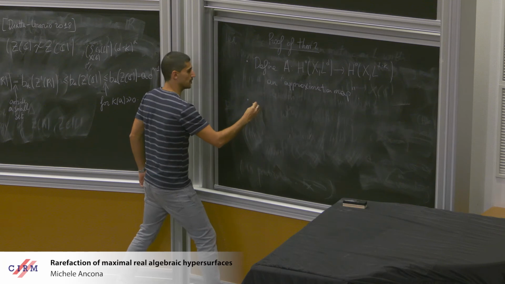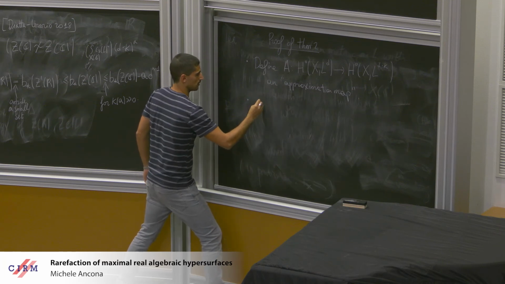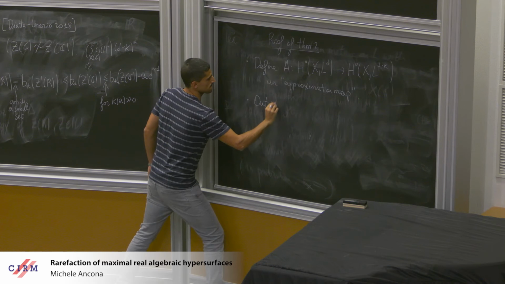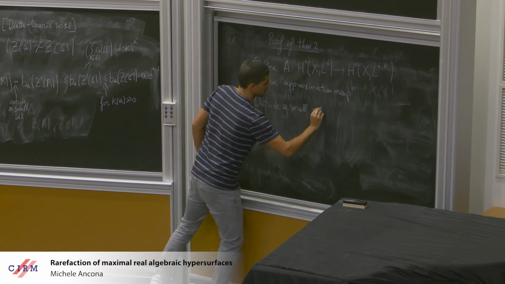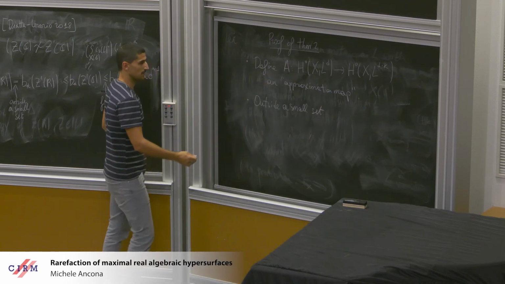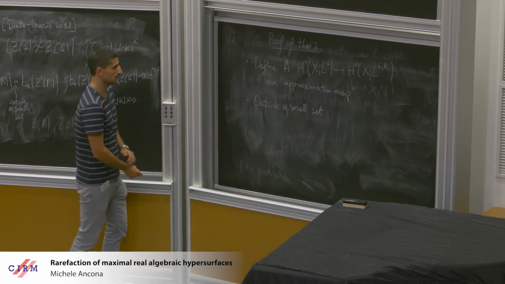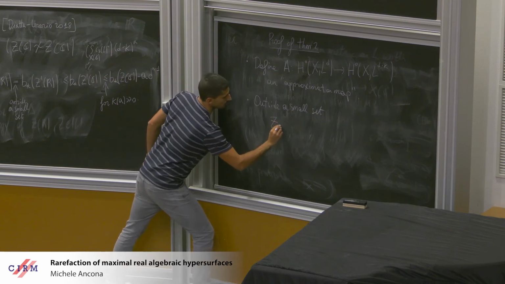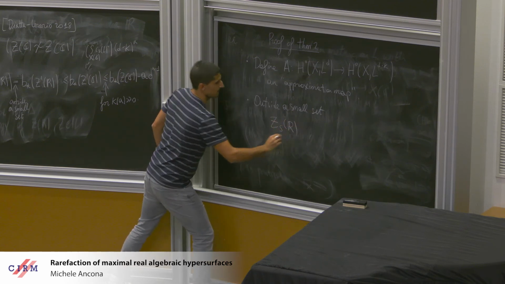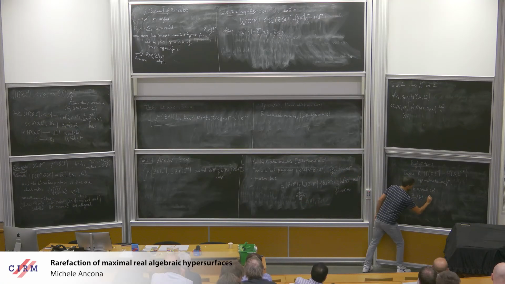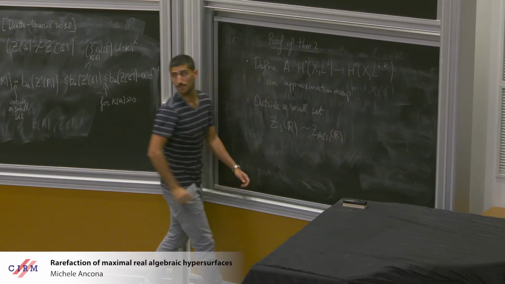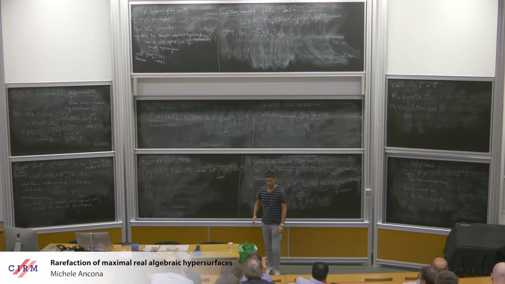That is, we will show that outside a small set, a set with exponentially small measure, the real locus of Z of S is isotopic to the real locus of the zero set of A of S.